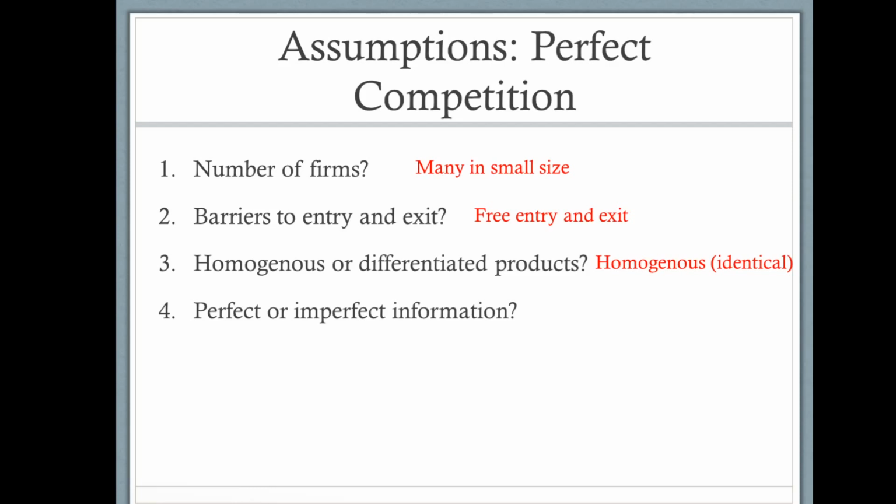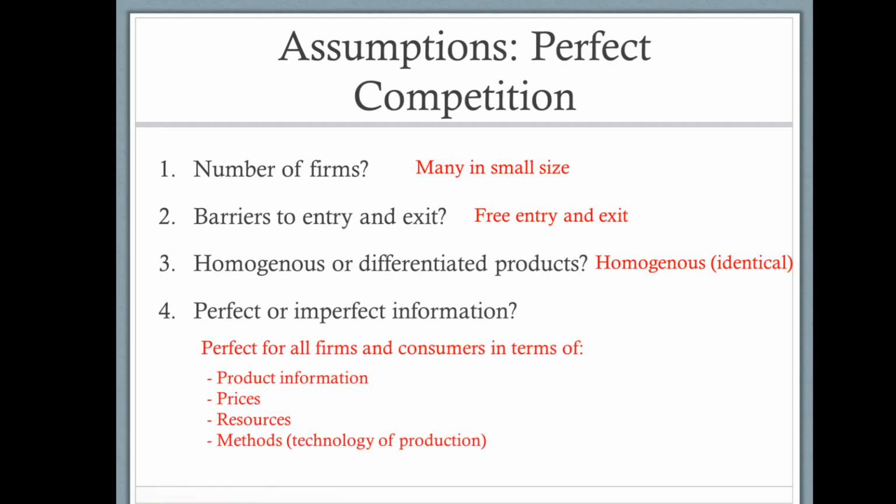And if you talk about the fourth one there, whether they have perfect or imperfect information, obviously they have perfect information, for both firms and consumers. So when you talk about perfect information, information of what? Here are some examples of information that they know completely: the product information, the prices, the resources, the method of making that product.